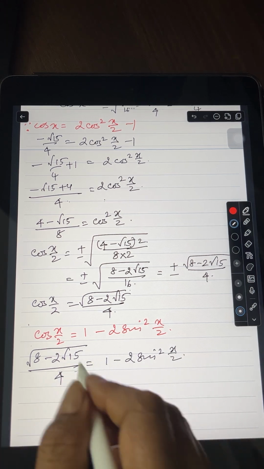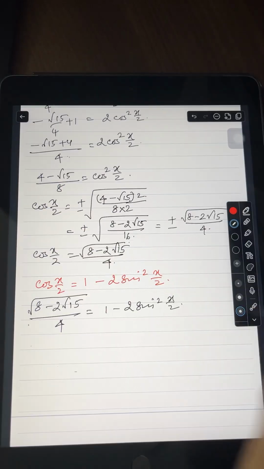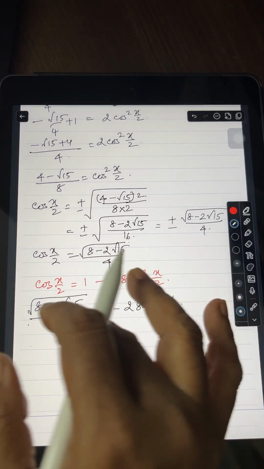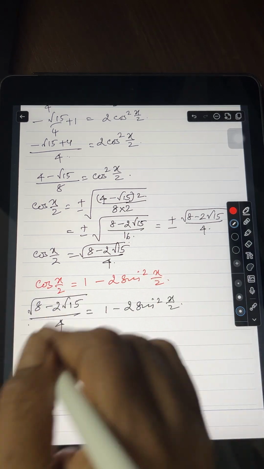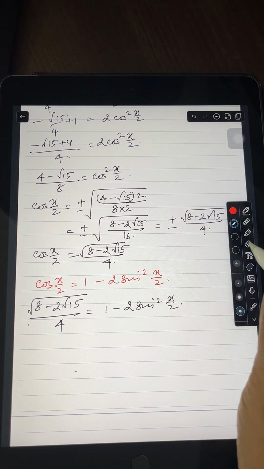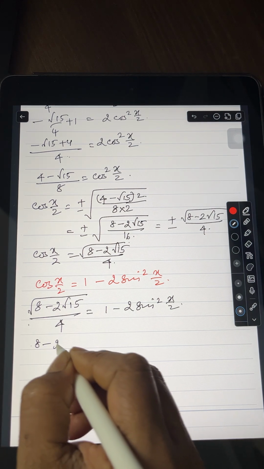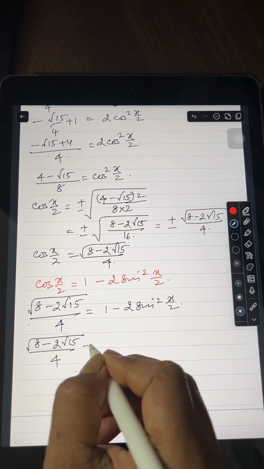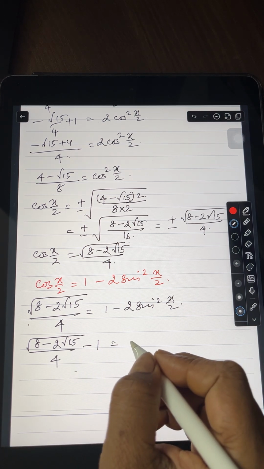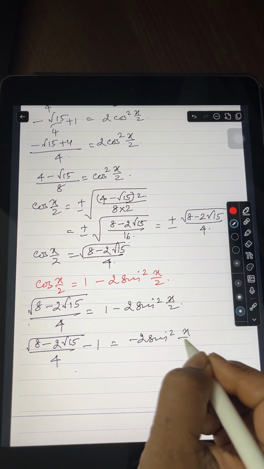What I have done is I have just substituted cos x by 2. Okay. So you see, 8 minus 2 root 15 by 4 minus 1 is equal to minus 2 sine square x by 2.